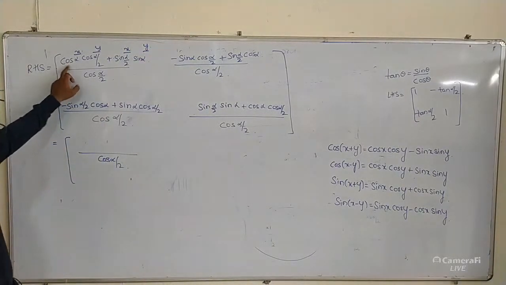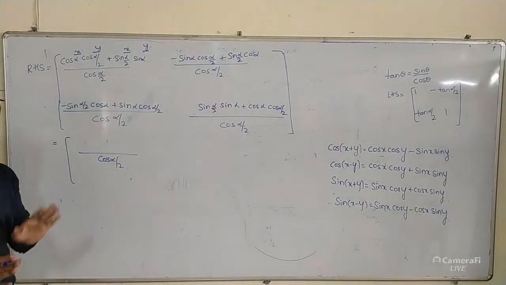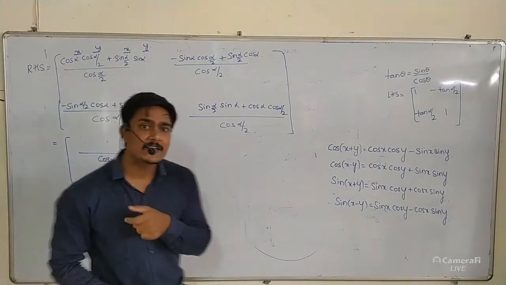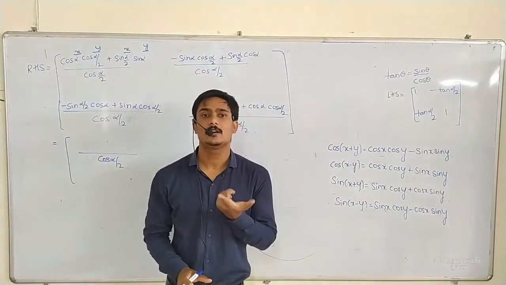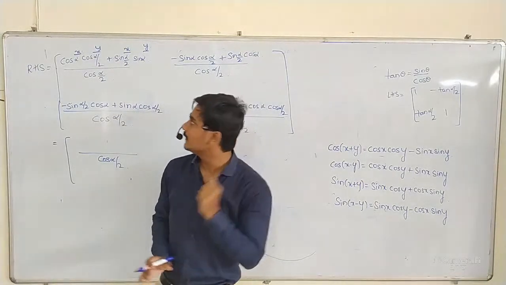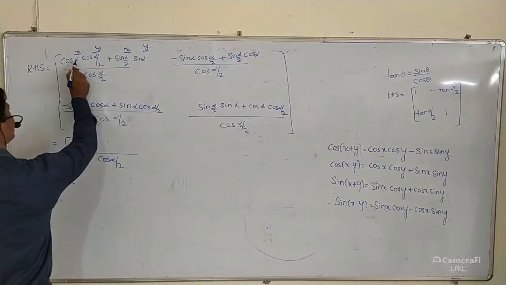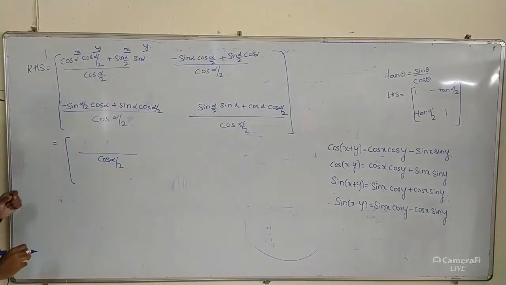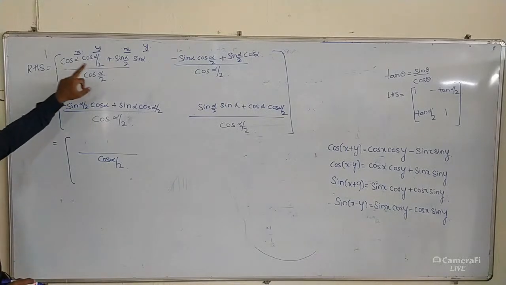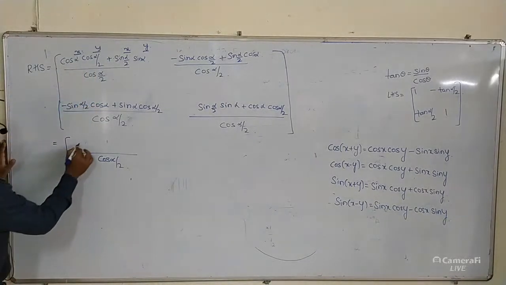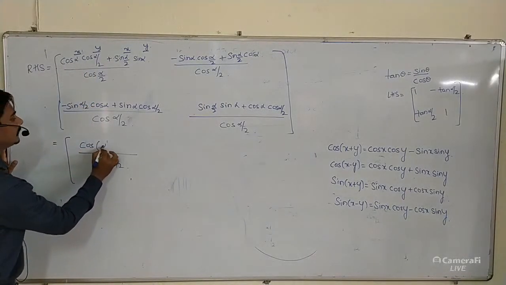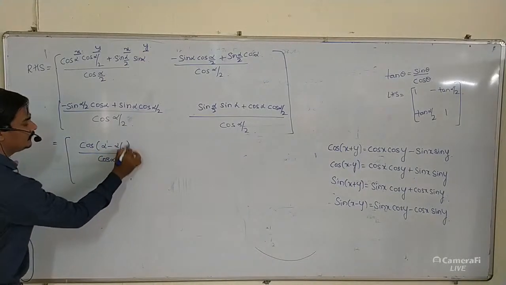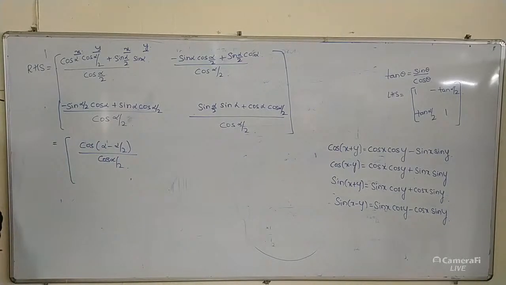So when I look at the terms present in the numerator, we come to know that they are the terms of the formula cos of x minus y, where x is our alpha and y is alpha by 2. So it becomes cos of alpha minus alpha by 2.